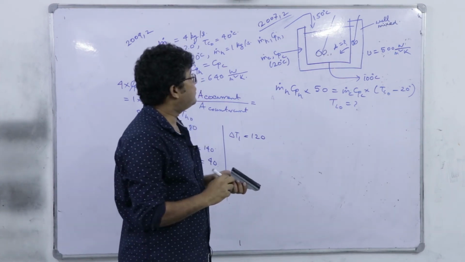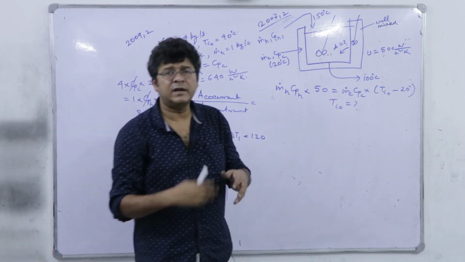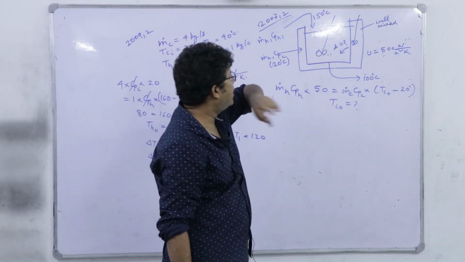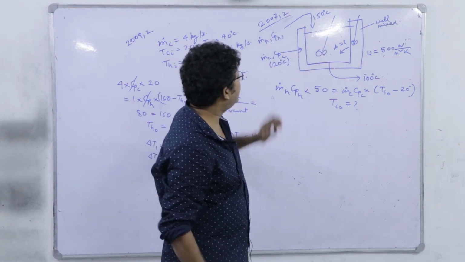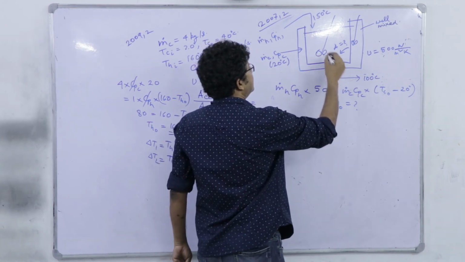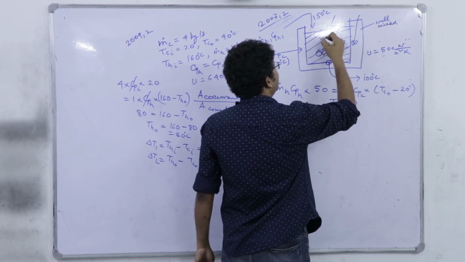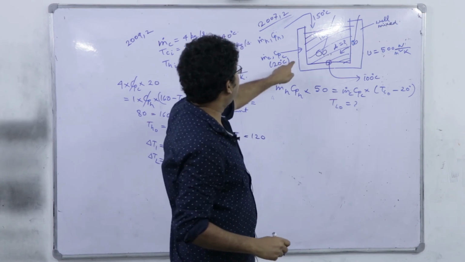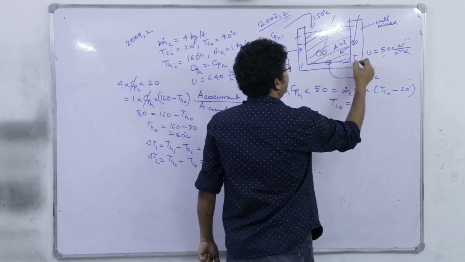Now, what is the driving force? Whether it is changing? Apparently, it seems that it is changing from point to point. But if we look into that idea that both the vessel and the jacket are well mixed, we have to understand that just like the CSTR or any stirred tank, everywhere here the temperature will be 100 degree, right? And similarly in the jacket, everywhere the temperature will be TCO.